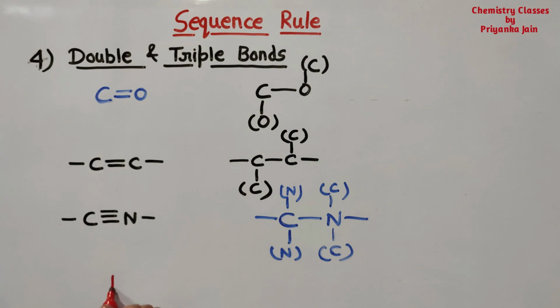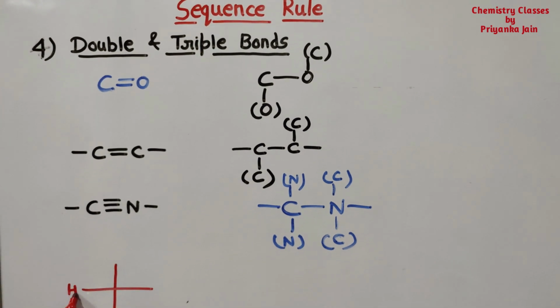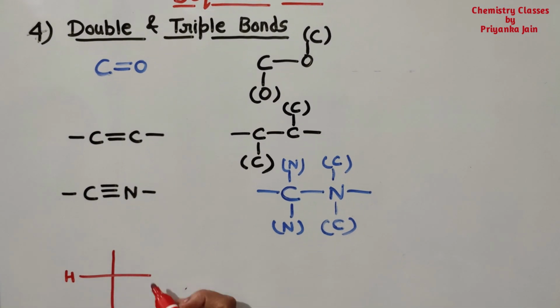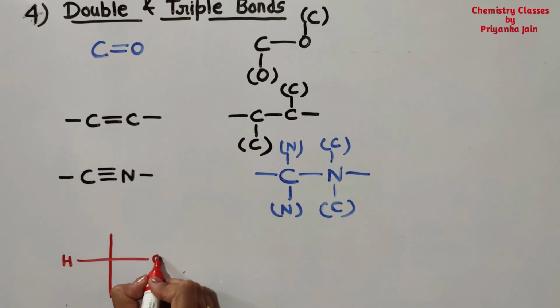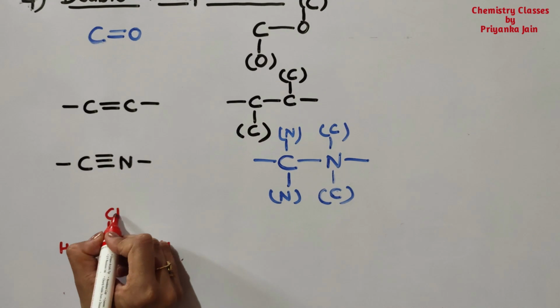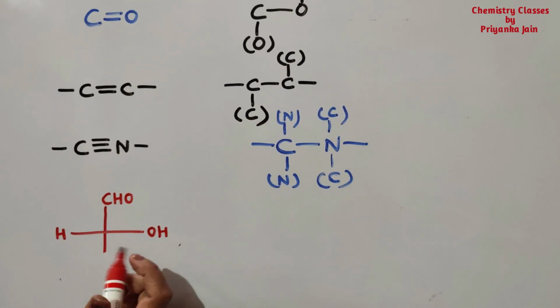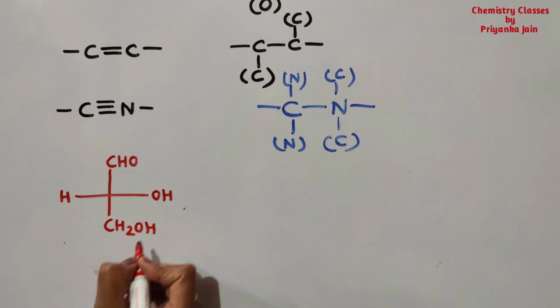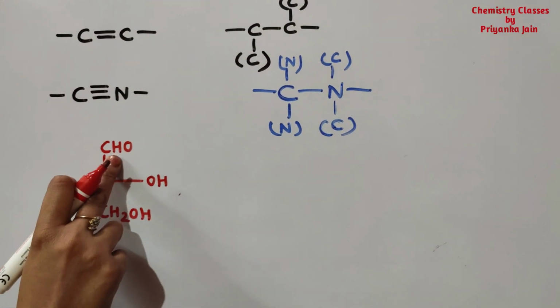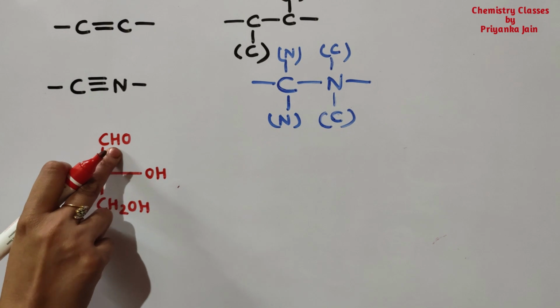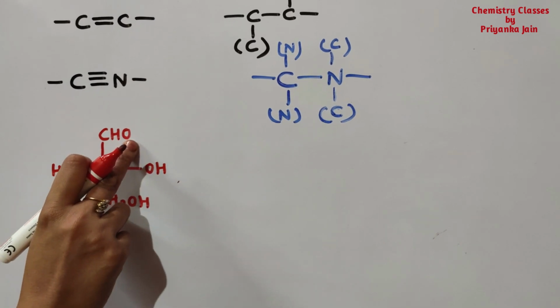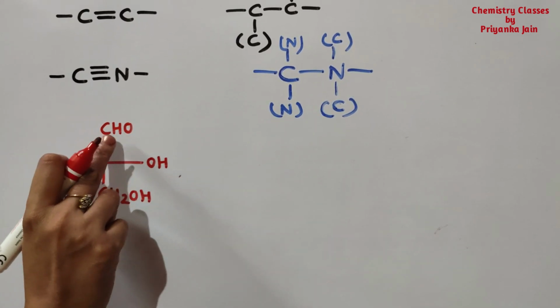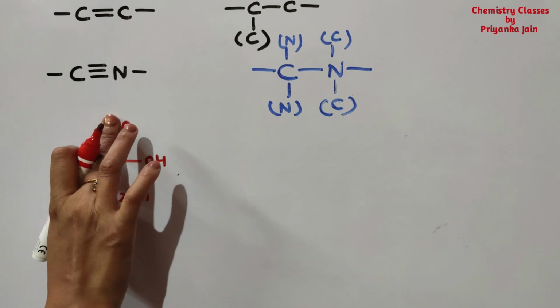See here, I am giving you one example. Just see one example of each type and you can consider the whole concept very easily. Okay, suppose these are the 4 groups, these are attached. Okay, this is the CHO group. It means there is one hydrogen and a double bonded oxygen. It means we can write it in this manner.